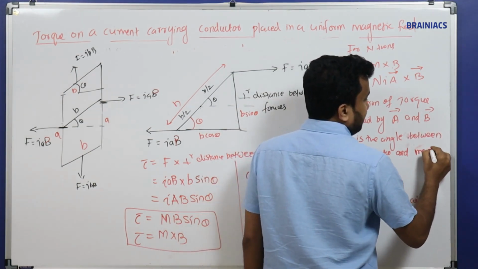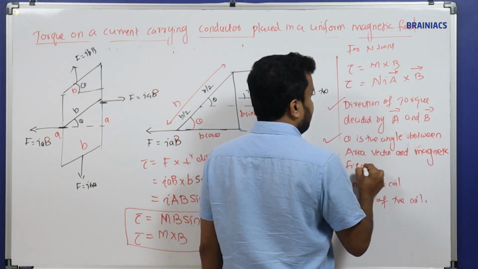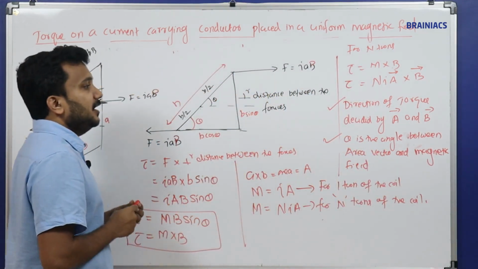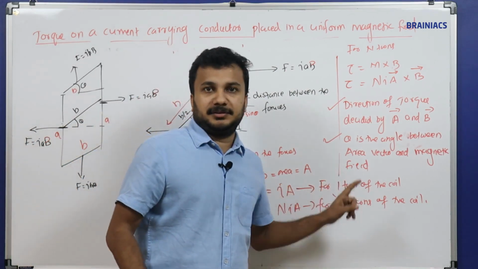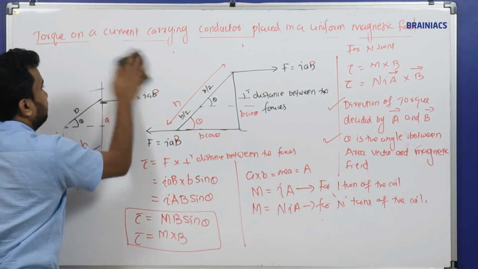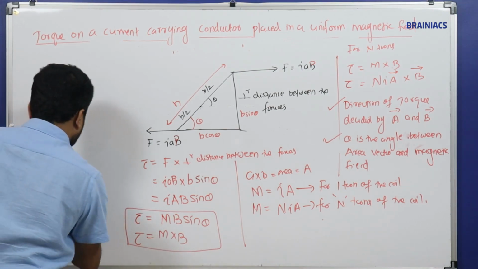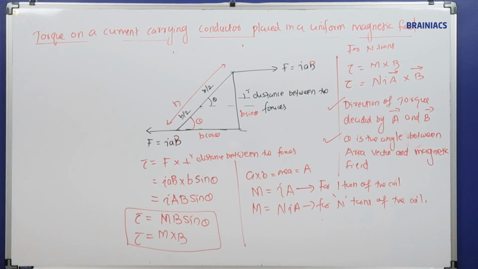We'll write it as a sentence. Theta is the angle between area vector and magnetic field. So this is important. Let me write some more information here.